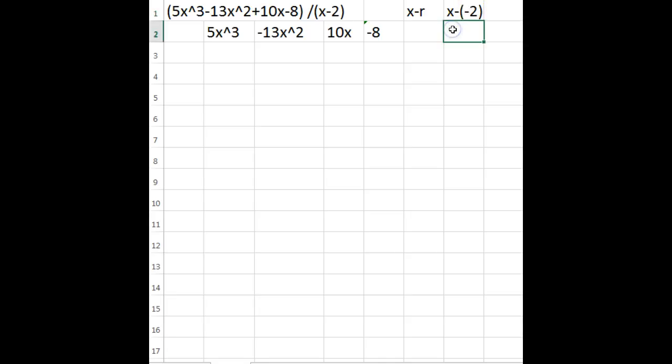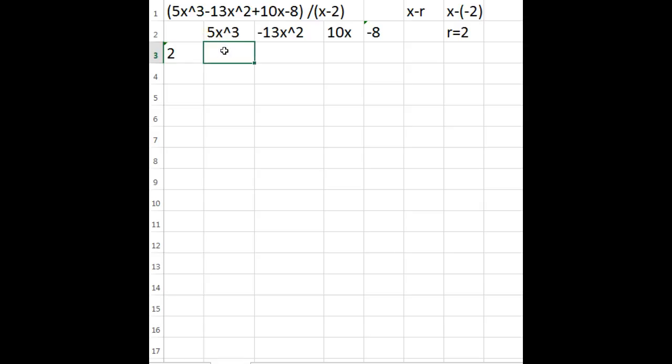So our R value is a positive 2. Or excuse me, R equals 2. We then put our R value in the row below where we separated out each term, in cell A3. So we put our 2 right there.